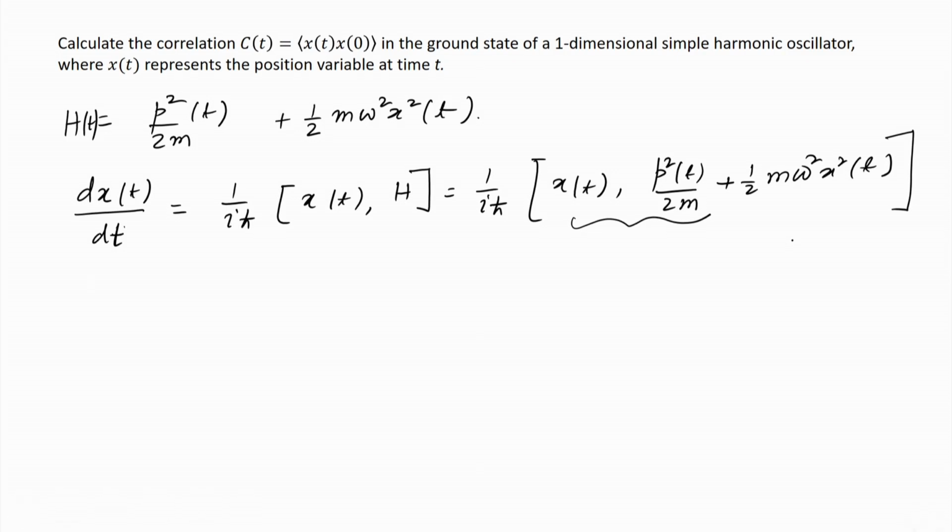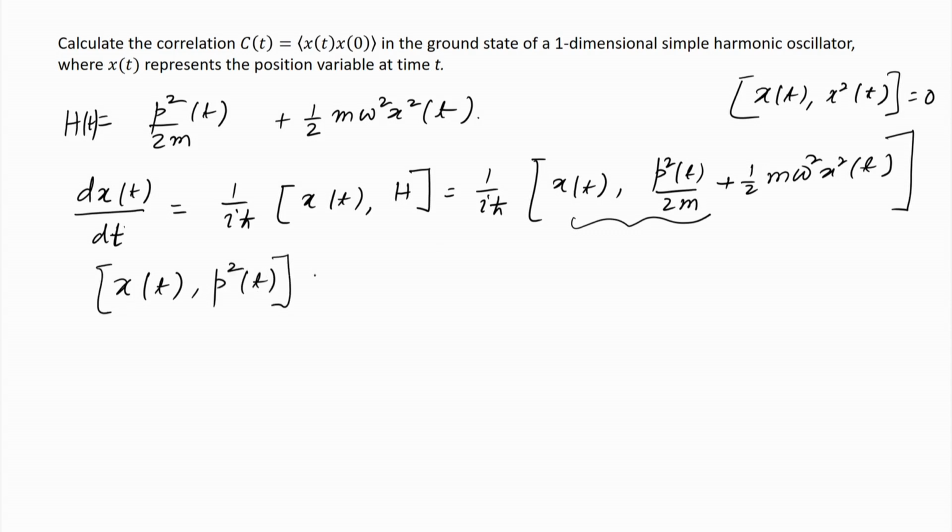So, x(t) and x squared(t) commutation is identically equal to 0. So, we need to look at this commutation, and this is equal to the commutator of x and p squared. Of course, there is a 1 over 2m, which we are going to include later.